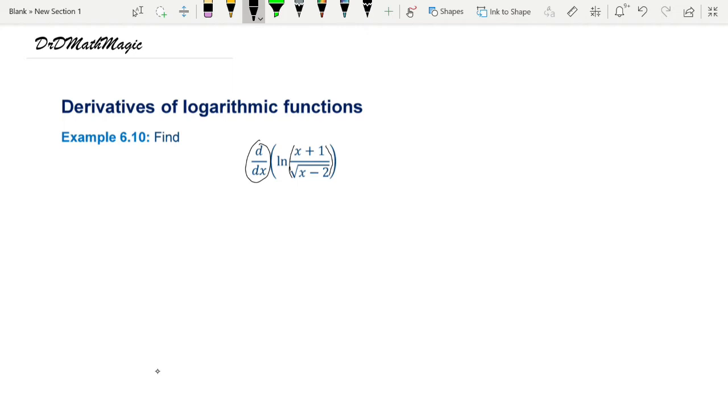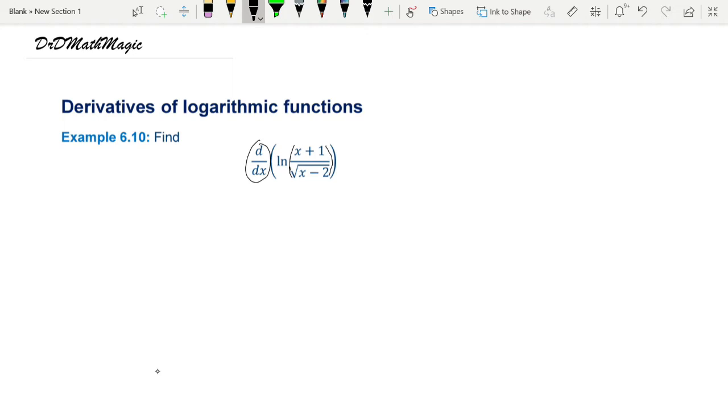Now, what is this something made out of? Well, it's a fraction of two functions. Numerator is x plus 1, and the denominator is a function square root of x minus 2. So I have a quotient, so that means I'm going to have to apply quotient rule at some point in time.